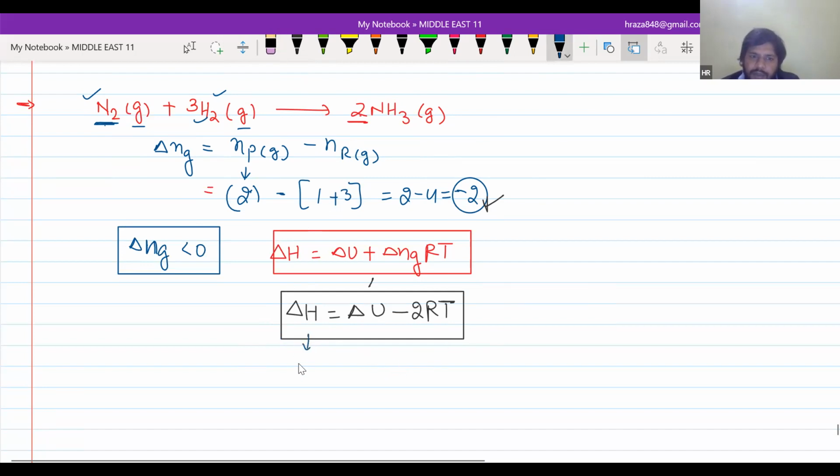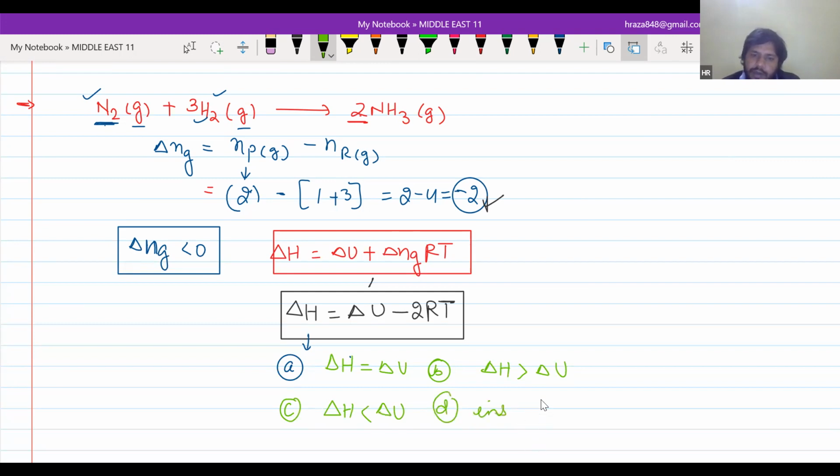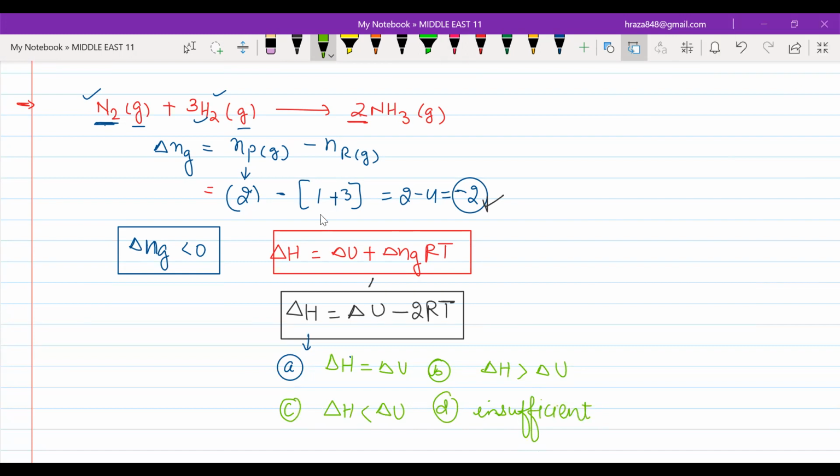I'm giving you 4 options. A: delta H equals delta U. B: delta H greater than delta U. C: delta H less than delta U. And D: insufficient data.